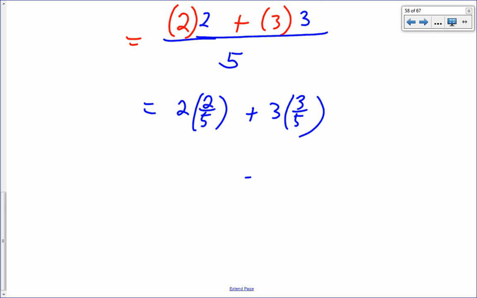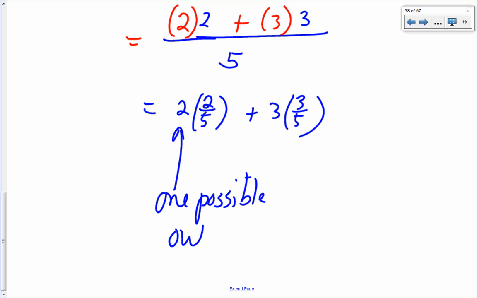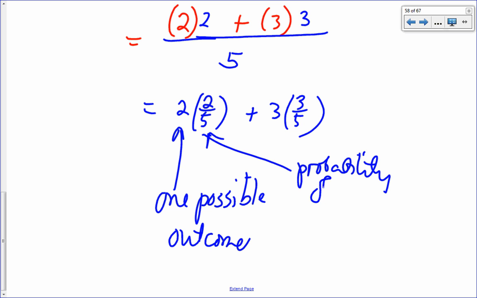Okay? This is one possible outcome. This is the probability of that outcome. So this is the probability of getting a 2, right? This is a possible outcome.